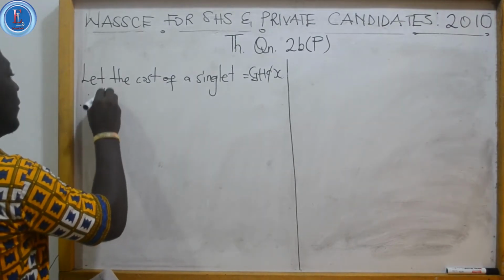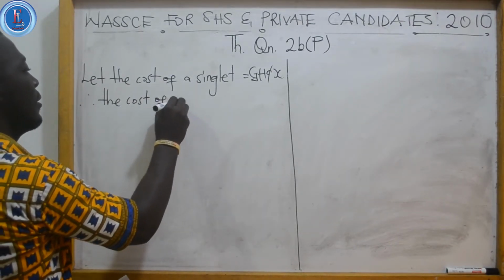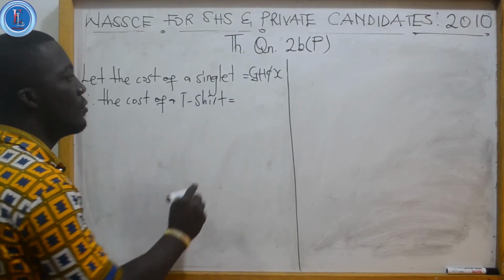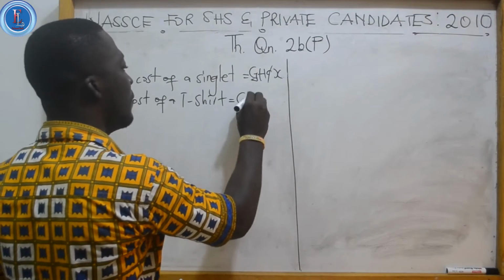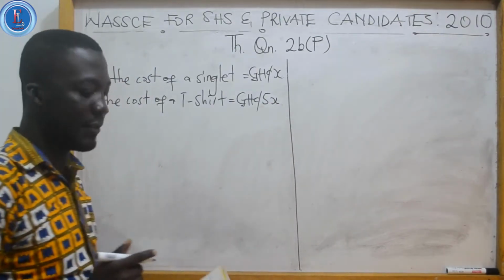Therefore, the cost of a t-shirt will be equal to 5 times the cost of a singlet, so 5x.